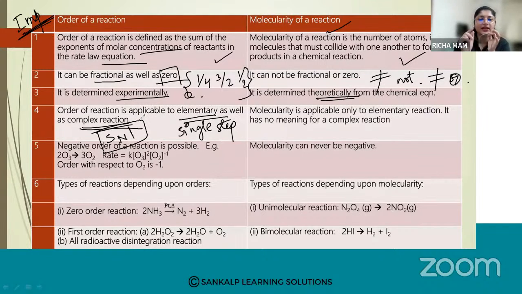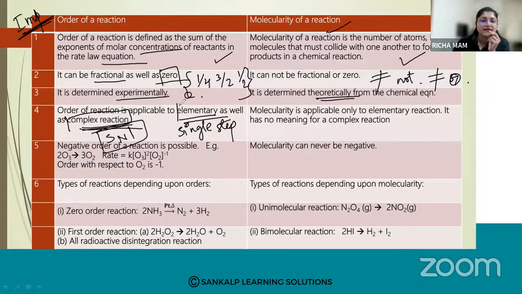What is an elementary reaction? An elementary reaction is a reaction which takes place in a single step. Okay, clear. What is a complex reaction? When a reaction proceeds in more than one step, it is called a complex reaction. A complex reaction gives rise to a mechanism, with different steps. One of the steps will be a slow step, and that slow step is called the rate determining step, and that will decide the order of reaction in the case of a complex reaction.